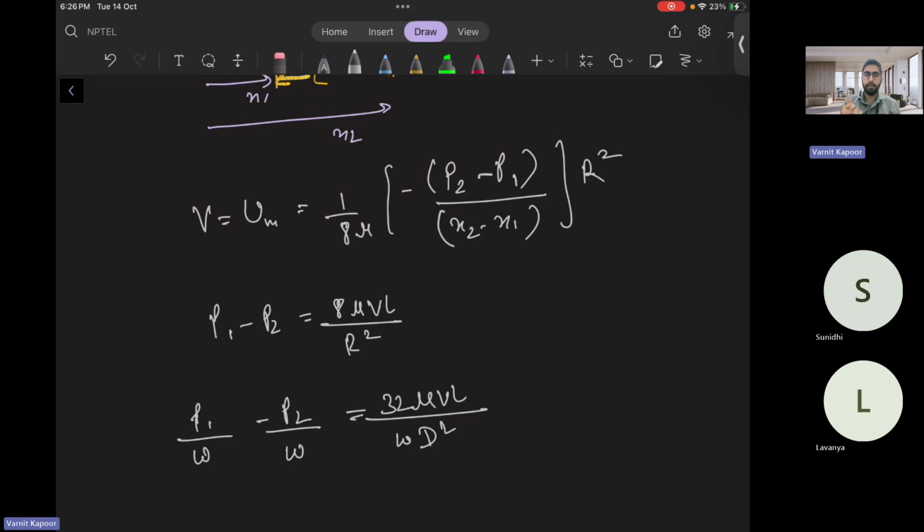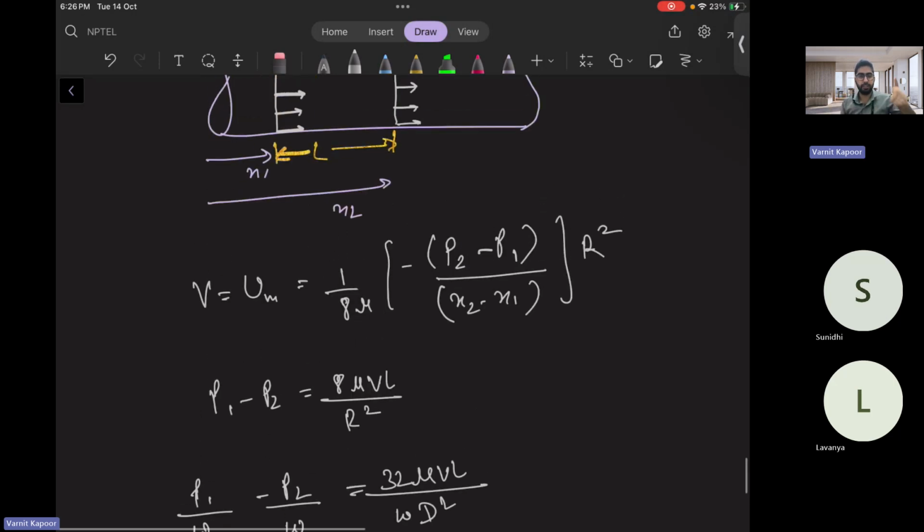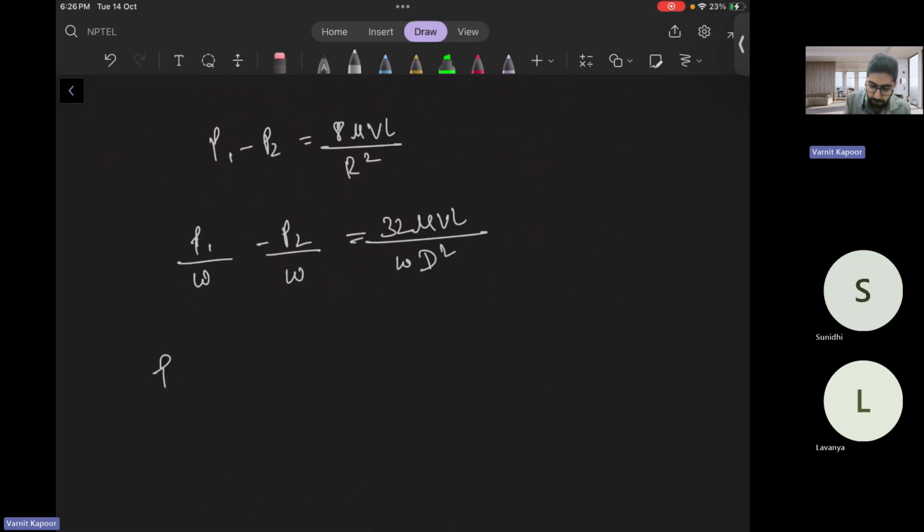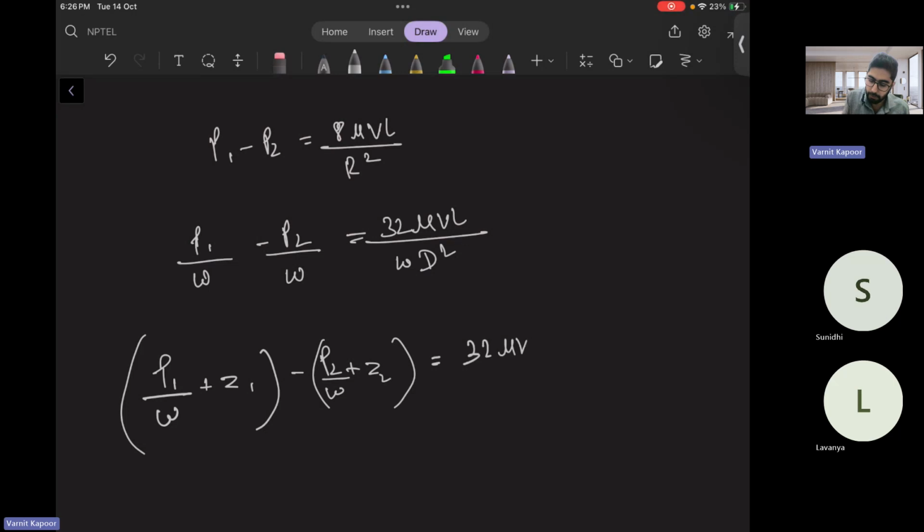And if there is inclination in the pipe, with the first position at Z1 height and the second at Z2 height, then your piezometric height difference will be P1 by W plus Z1 minus P2 by W plus Z2, which is 32 mu V L by W D square.